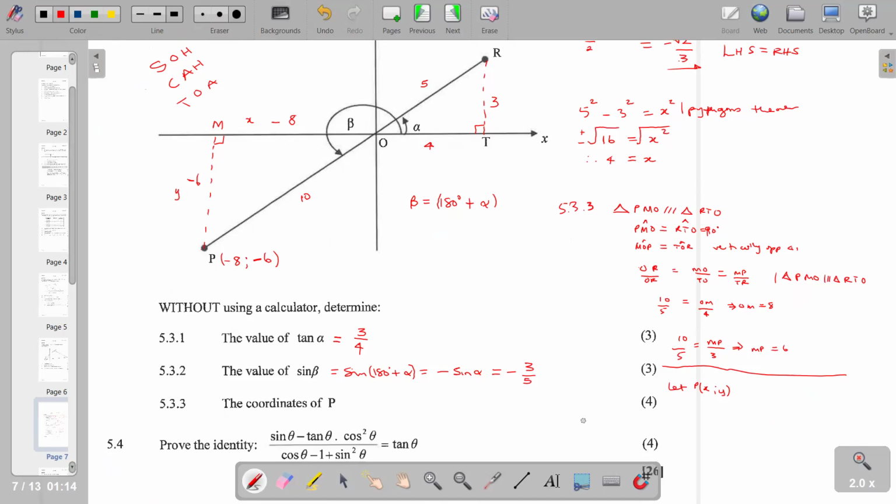Then from there, in this triangle, we can write sine beta is opposite, which is y, divided by 10. So sine beta is equal to y over 10.